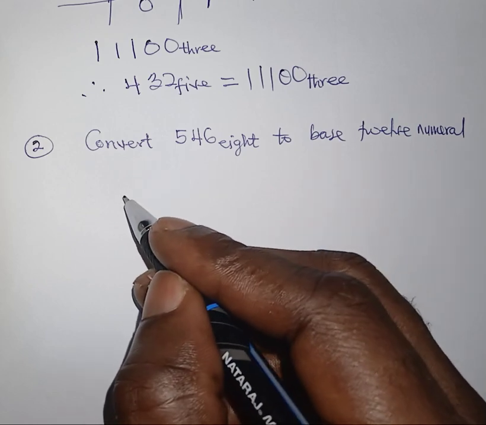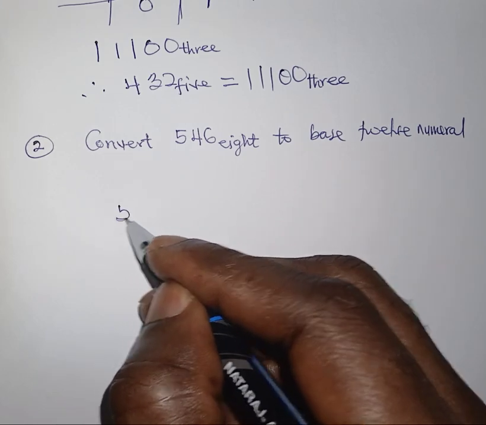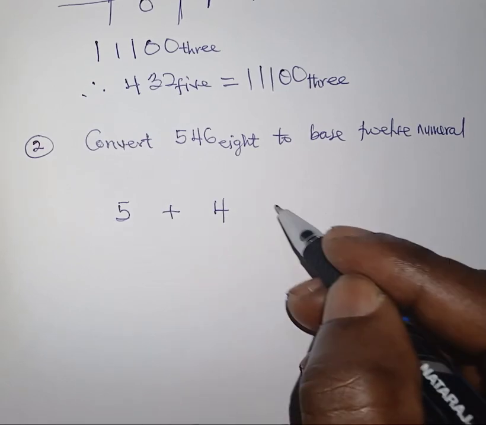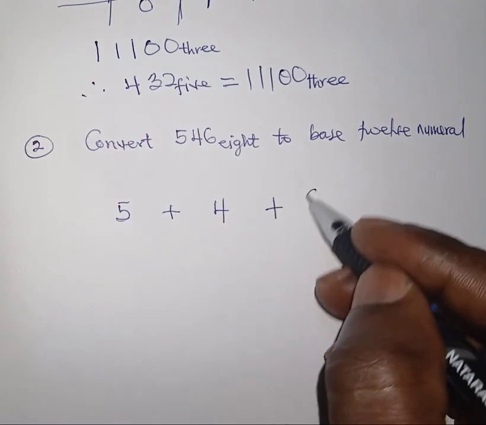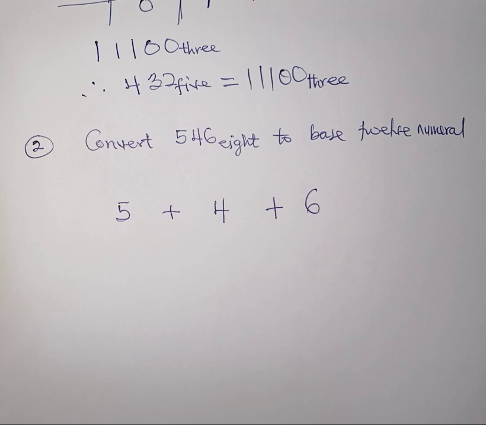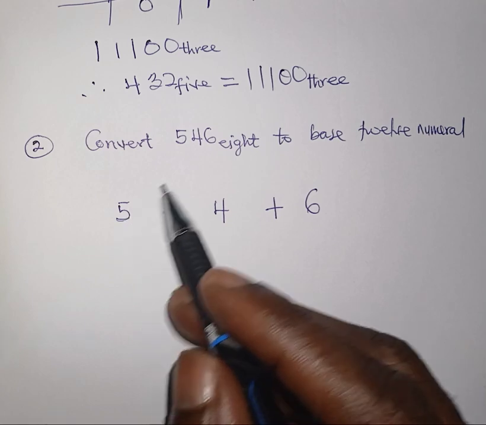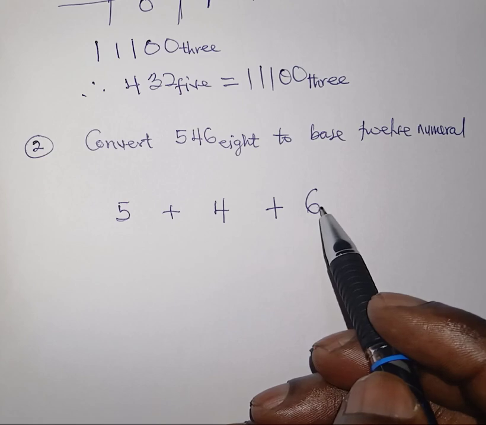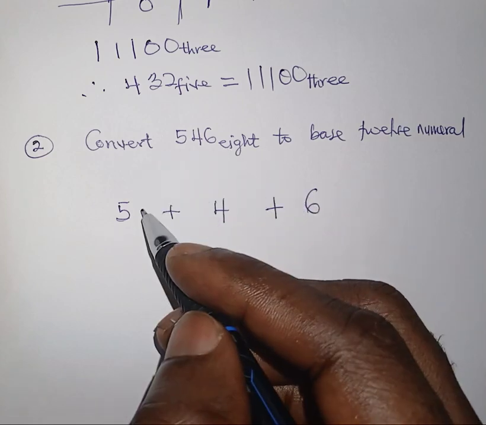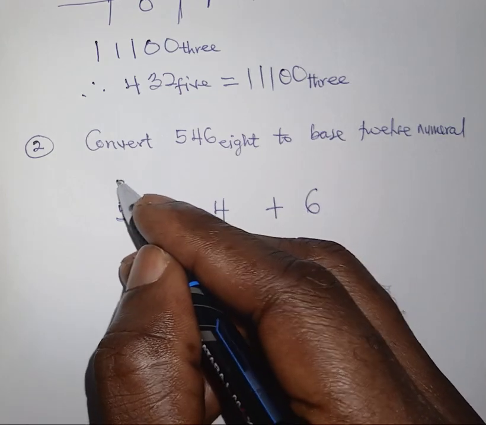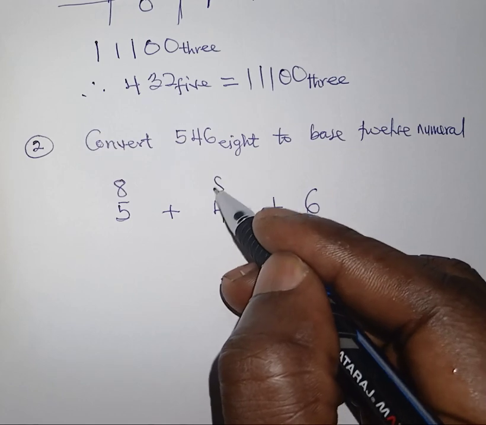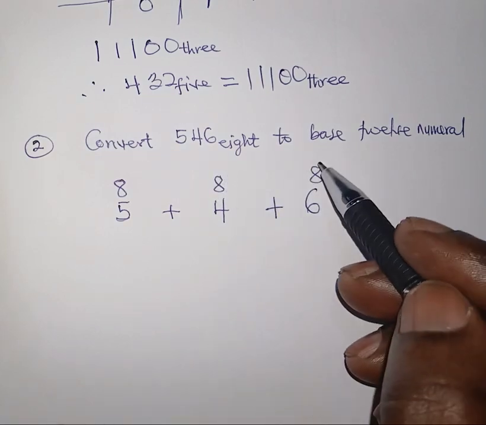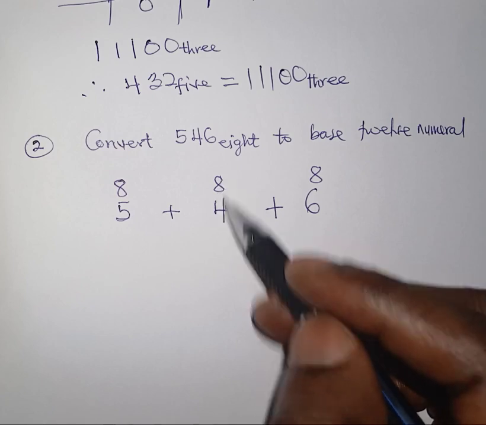This time I'll write 5 plus 4 plus 6. Now you know that when you are changing to base 10, you multiply each of the terms by the base. So this time instead of multiplying, I'm writing it on top like this. If you see it in this form, still I'm going to multiply.